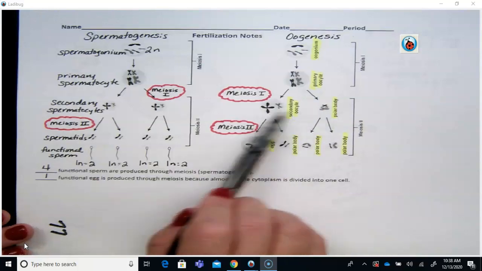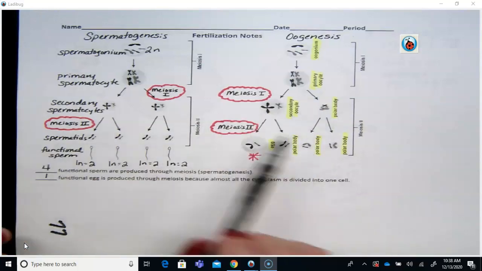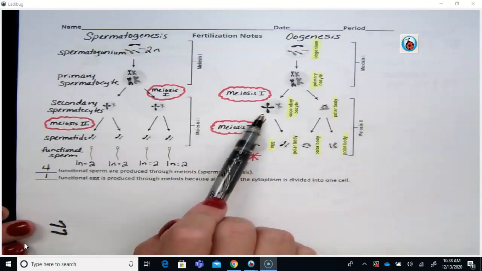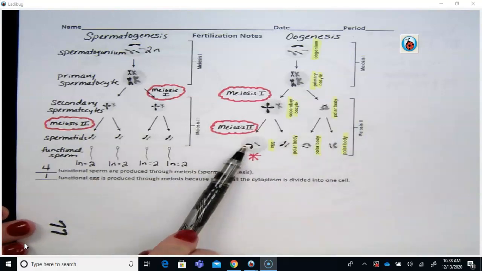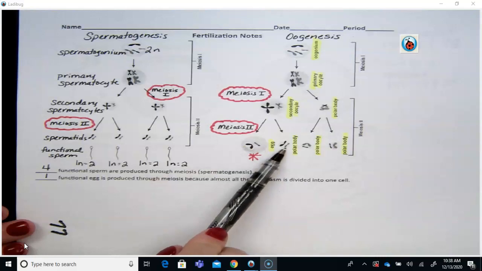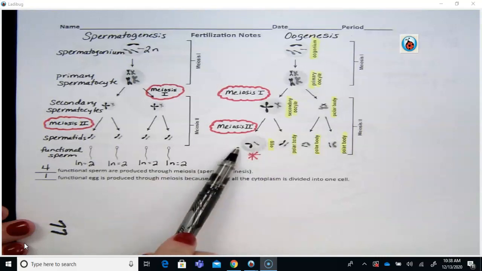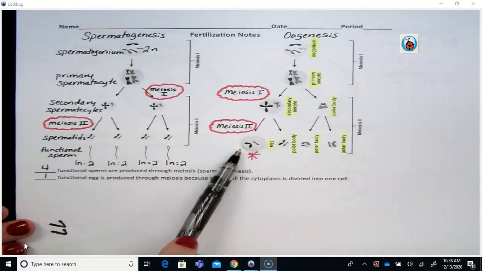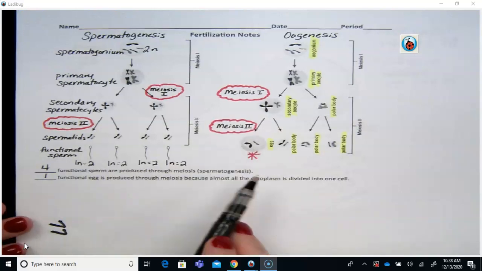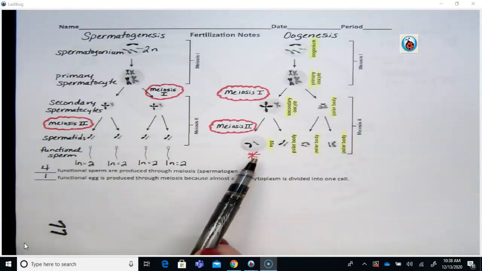Now, the amount of DNA is equal, okay? This secondary oocyte will go on with meiosis 2 to produce 2 daughter cells. Again, there's another uneven splitting of the cytoplasm, and the vast majority of the cytoplasm goes over here to this cell, which is going to be called an ootid or an egg cell.